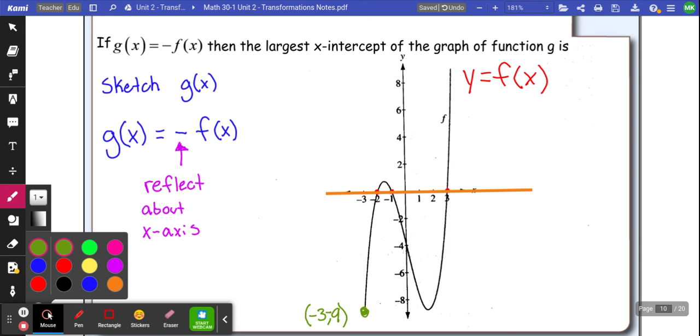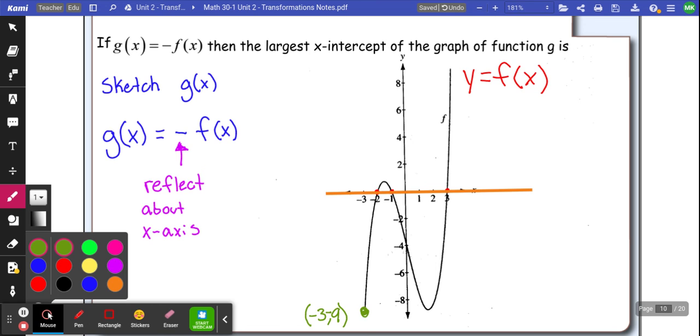So it would reflect to go way up here at negative 3, positive 9. Right? That's what's happening. It's flipping to the other side of the x-axis. The y values are all being multiplied by negative 1.